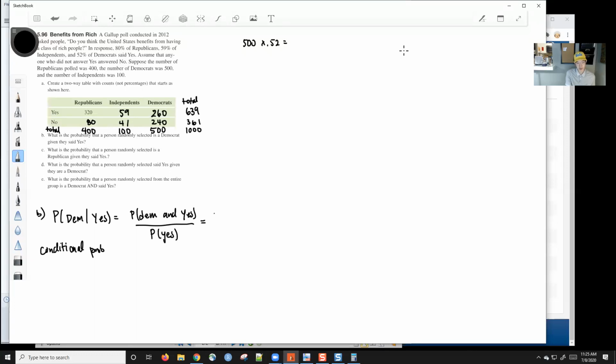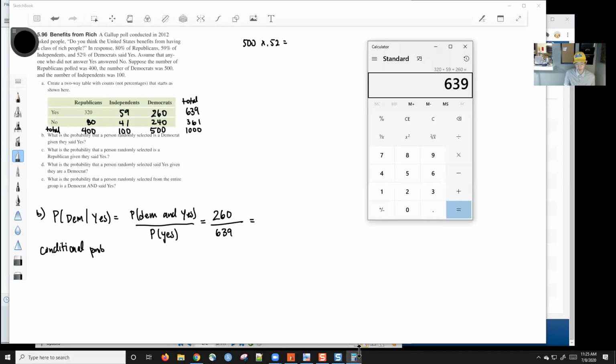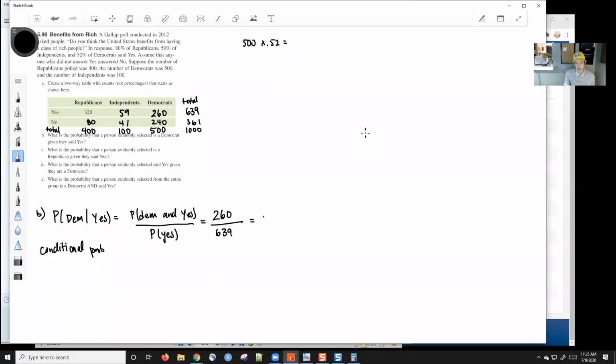Democrats and yes, we have 260 total, divided by people who answered yes, which there are 639, and whatever this percentage comes out to be, around 40.69, 0.4069, something like that.